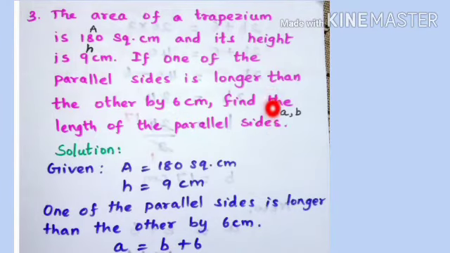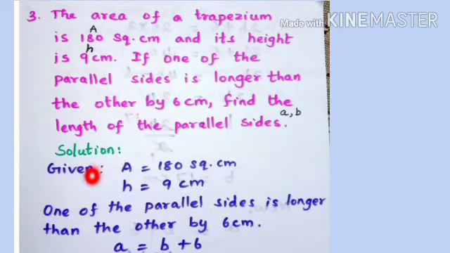So here by using this condition we have to find the values of A and B. The area of the trapezium is given, the height of the trapezium is given, and one condition is given. So by using all these values, we have to find the length of the parallel sides A and B.